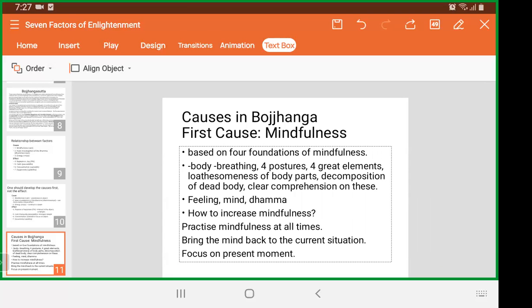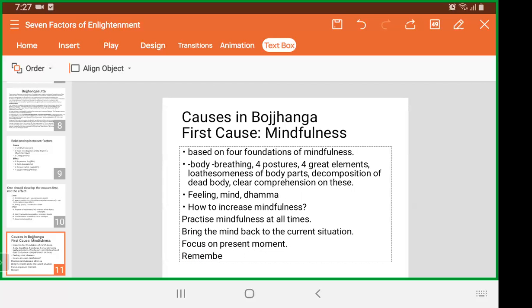I'm not sure whether my method is correct, but I try to bear in mind the 3 characteristics, like dukkha, anicca. Okay, you try to remember the 3 characteristics.